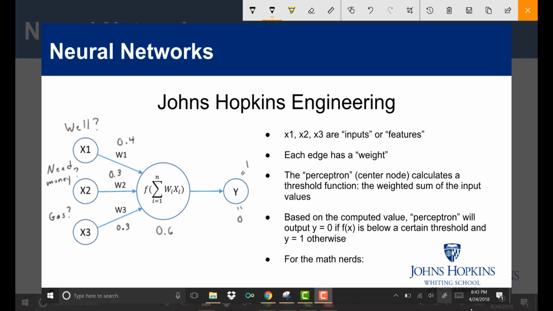So you can see in this case, let's say that I am feeling well. So we have a 1 for x1, so 1 times the weight, which is 0.4. Let's say that I do need money, so that's also an input of a 1 times 0.3.